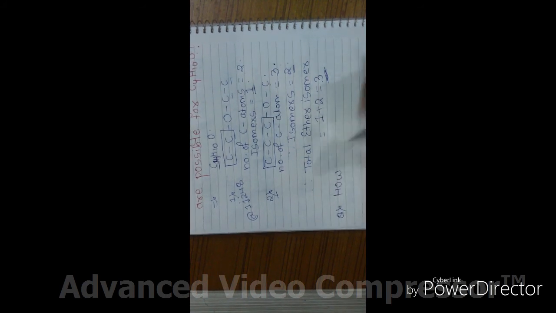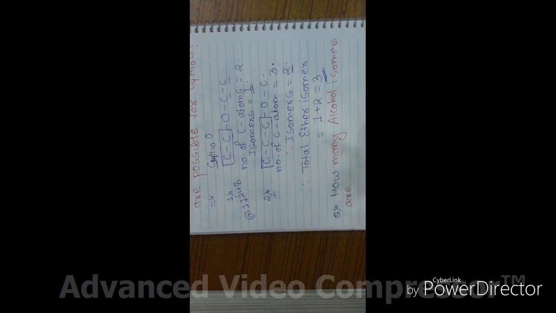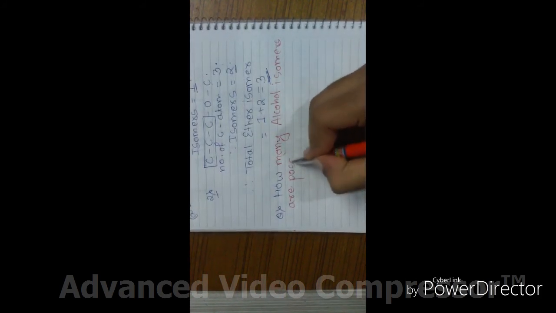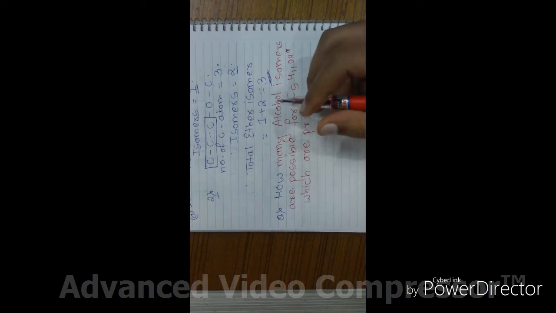How many alcohol isomers are possible for C5H11OH which are primary in nature?